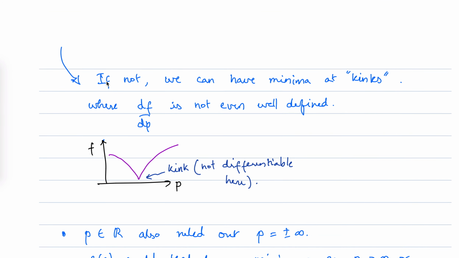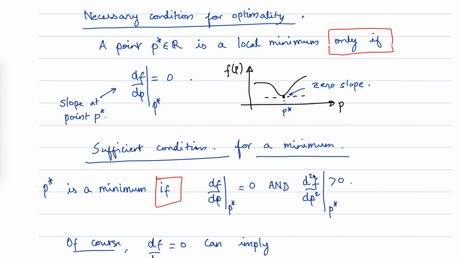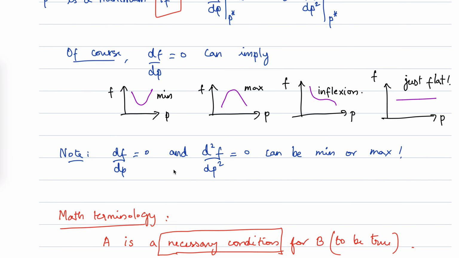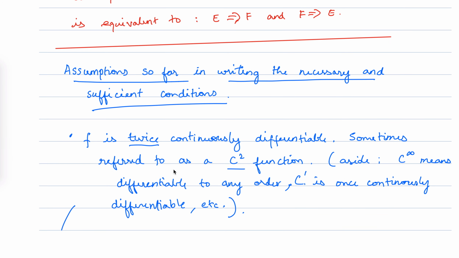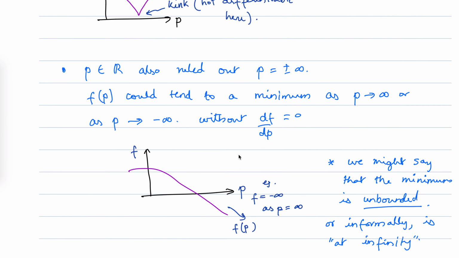So these conditions about the slope being 0 and the second derivative being positive essentially rely on, or not necessarily rely on, but are most useful or relevant when p is not going to plus or minus infinity, because at infinity you can actually have a minimum without the slope being equal to 0.